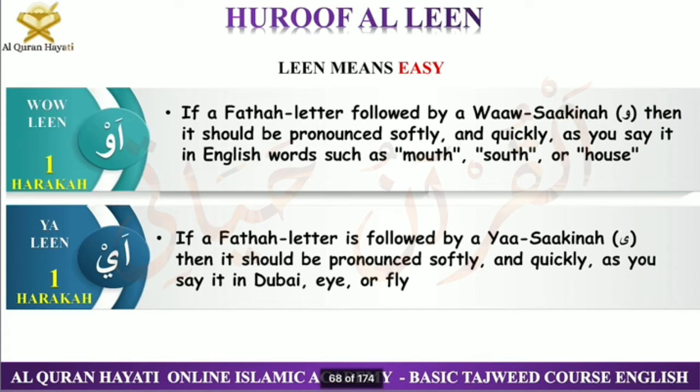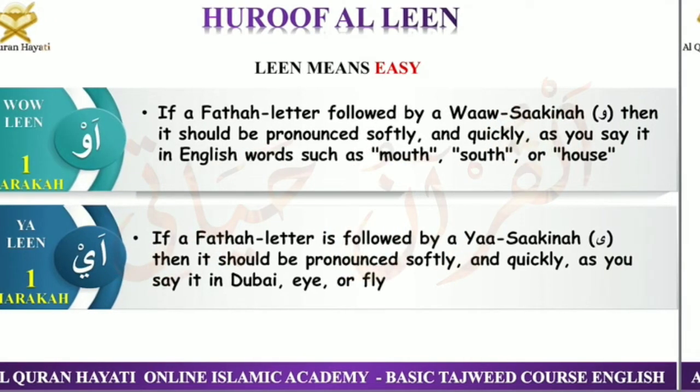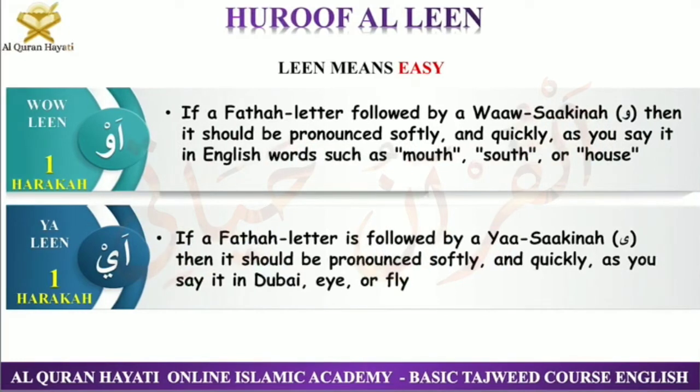But mad al leen has a few rulings, like there should be waqf to do mad al leen, there should be arzi sukoon and all, which we'll learn inshallah in the mad al firaq classes. For now, just remember that if there is waw sakin and ya sakin, and it has a letter before it carrying fatha, then those letters will be pronounced in an easy way, because leen means easy.